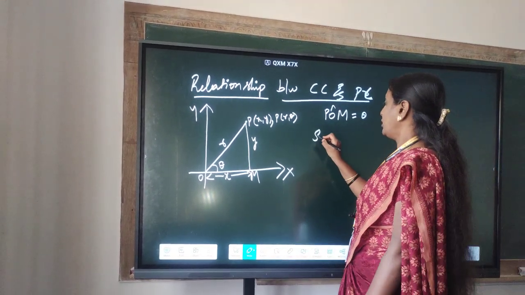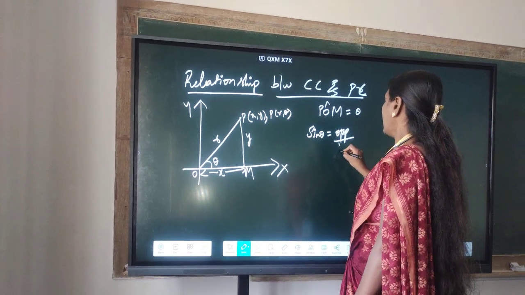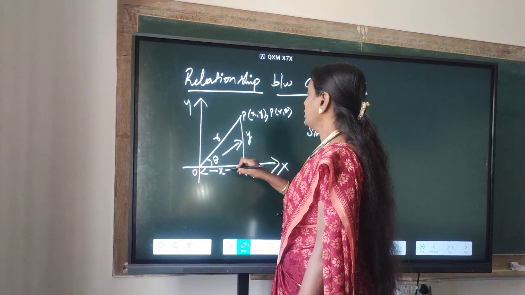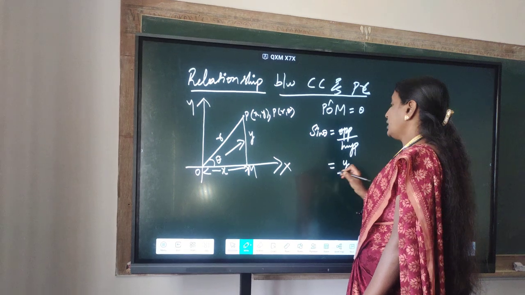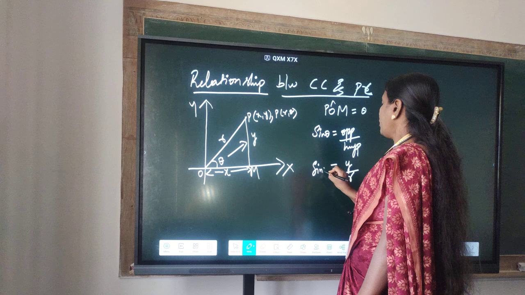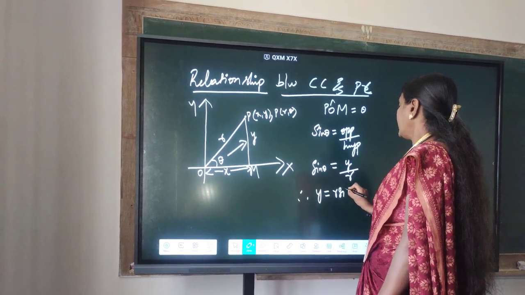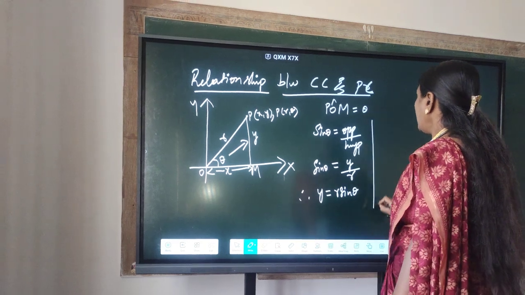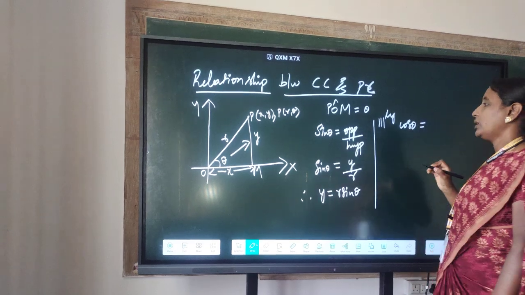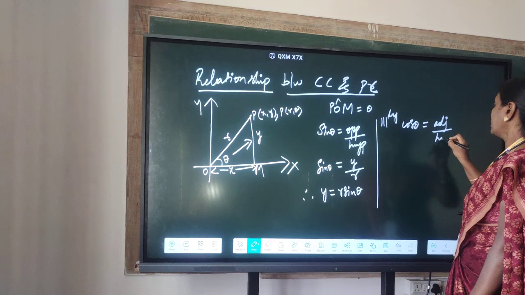If you define sine theta, that is opposite by hypotenuse. What is the opposite here? The distance opposite the angle is y, and the hypotenuse is the radius vector r. Therefore, we get y equals r sine theta. Similarly, cos theta is equal to adjacent by hypotenuse.